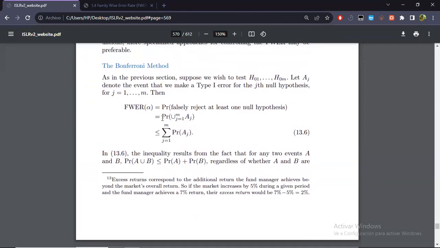And that is simply using this basic property of probabilities or measures, that the probability of the union is smaller or equal to the sum of the individual probabilities.